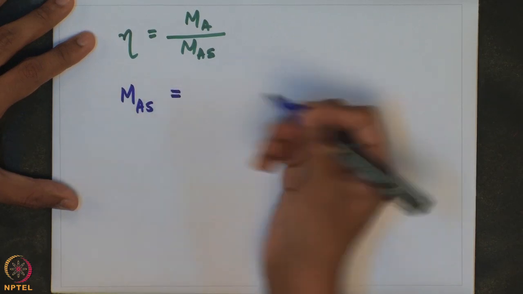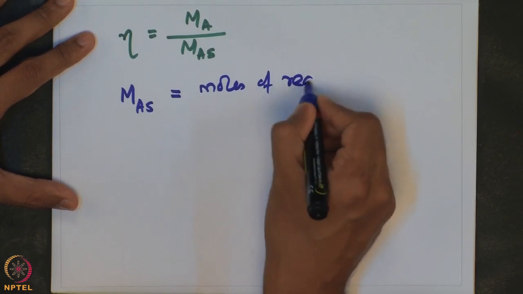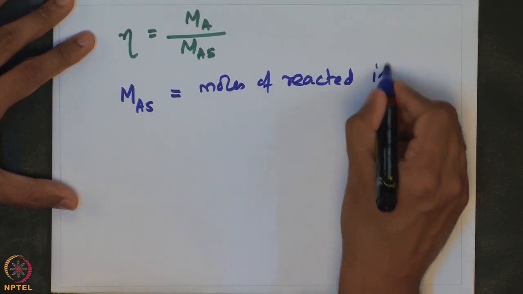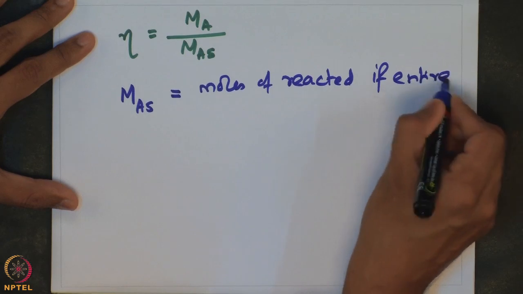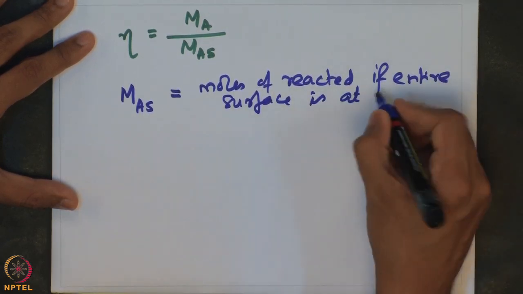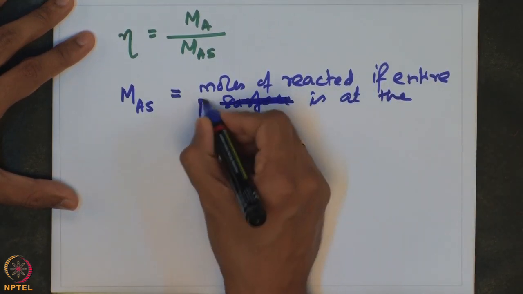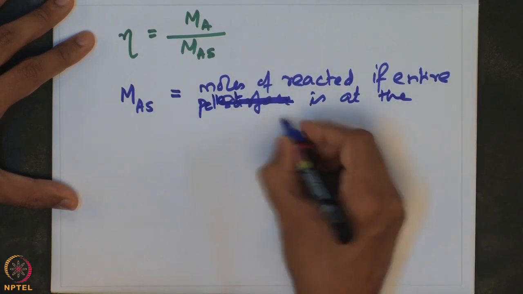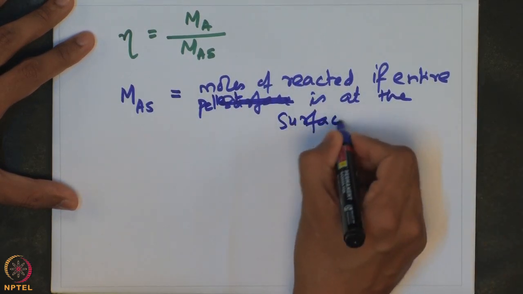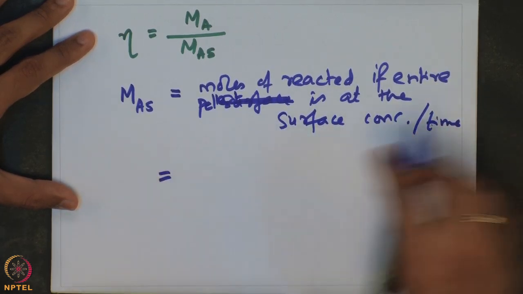MAS is essentially the moles reacted if the entire pellet is at the surface concentration per unit time.